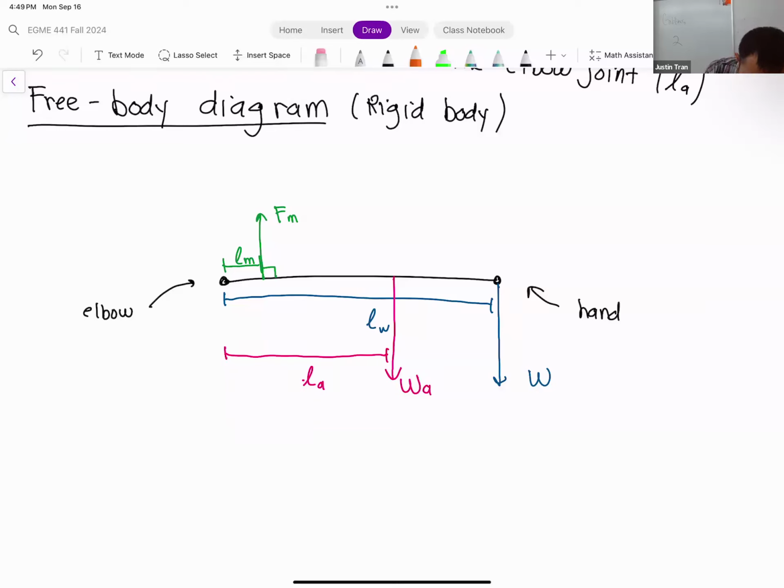And so at the elbow joint, we don't know what direction the elbow joint reaction forces are. And so we're going to include both of its components. So we're going to have a reaction force in the X direction, we'll call that JX. And then a reaction force in the Y direction, we'll call that JY. So these two right here, these are the joint reaction forces at the elbow.